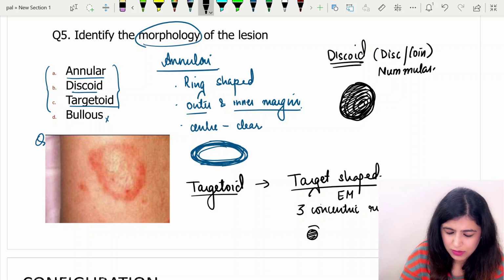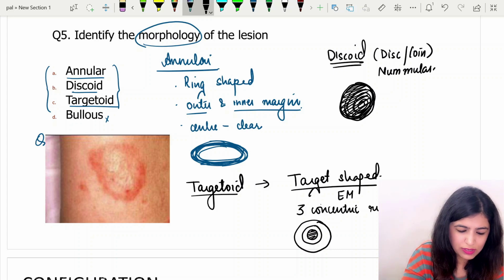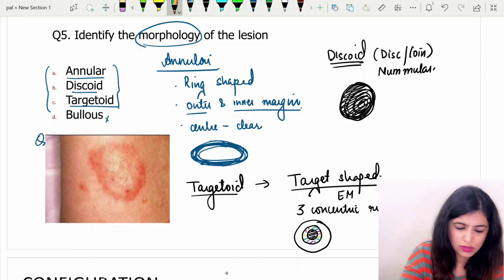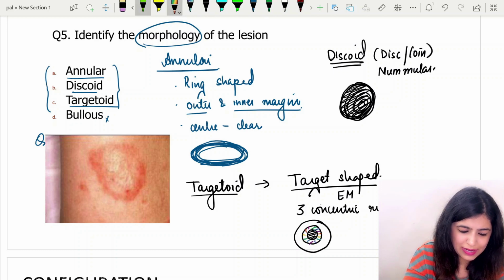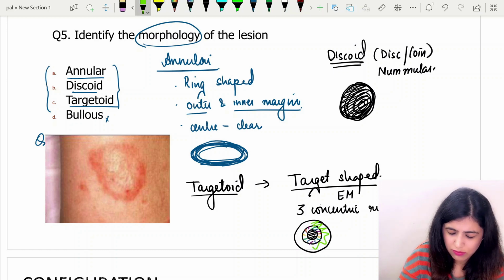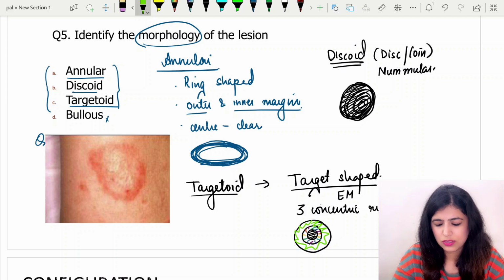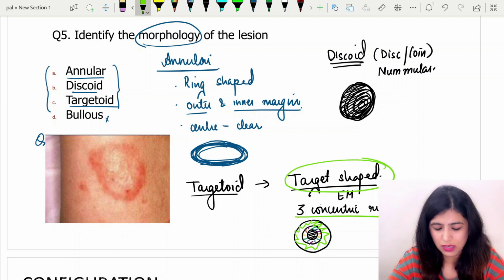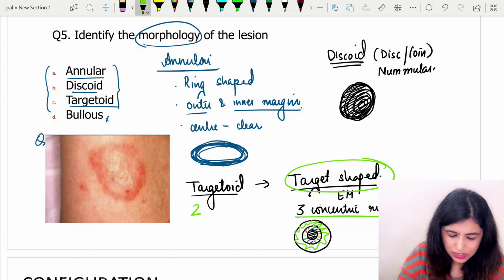One color, second ring, third ring. So the center will be one color, the middle zone will be another color, and the outer zone will be another color. So there will be three concentric rings to make it a target lesion. For a targetoid lesion, there have to be two rings.